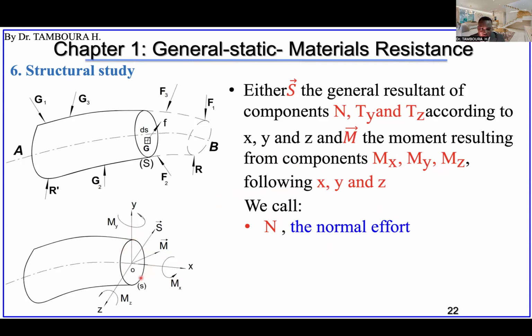Please check here what section we are talking about, because all the definitions I'm going to give now depend on the section we are working on. Here we are working on this section, this area, okay? So the normal effort, the normal stress or normal force, is the force perpendicular to this section.